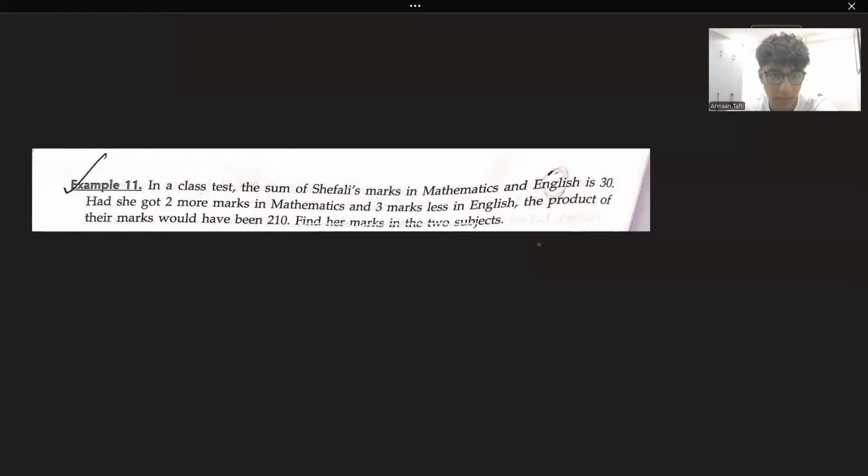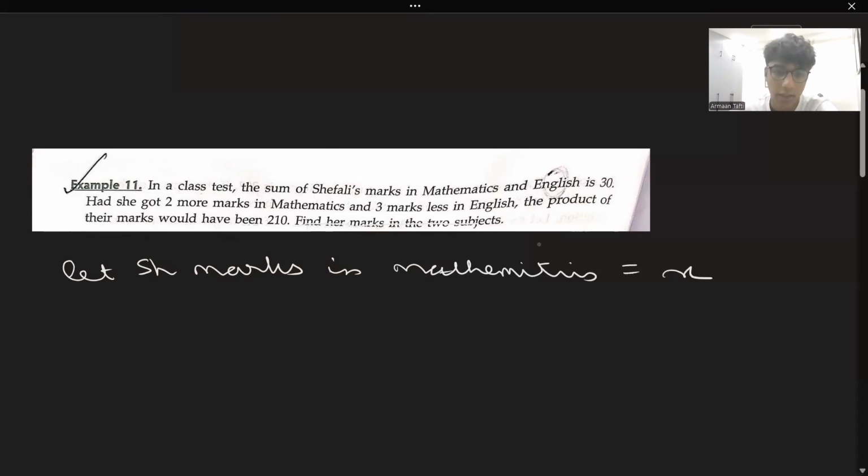So let Shefali's marks in mathematics be equal to X. Therefore, the marks in English will be equal to 30 minus X, right?